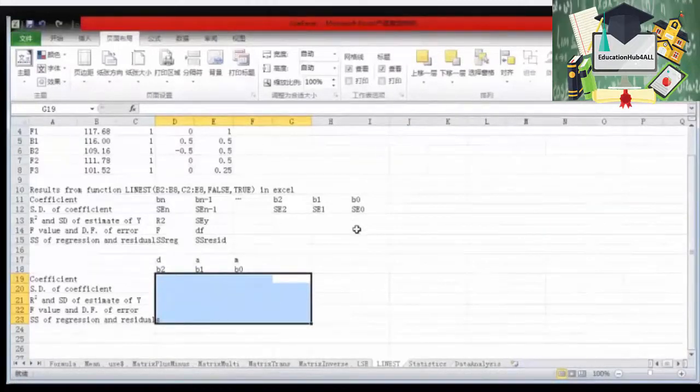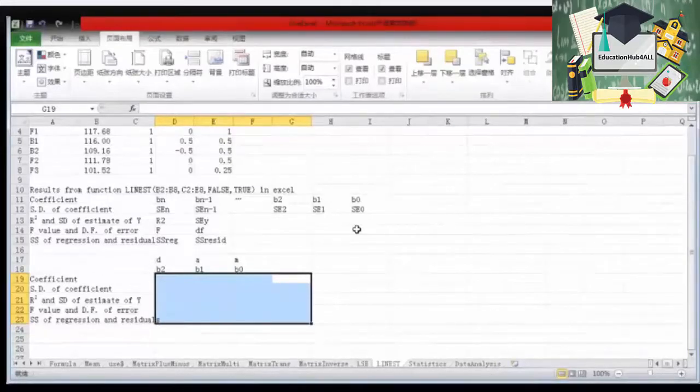So by using this function, it will output several things. It will give us the coefficients, the standard deviation of the estimation, and also R square, the coefficient of determination of the linear model, and also the F test.